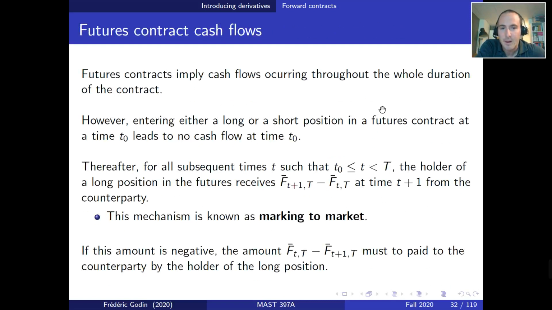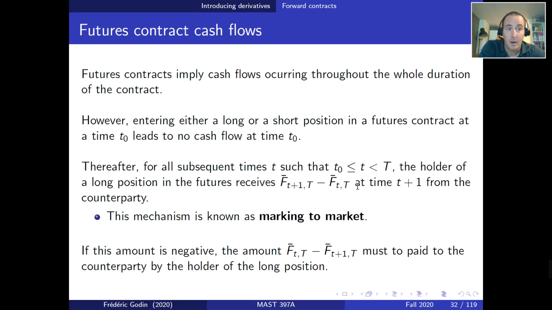We saw that for a futures contract, at every time greater than T0, where T0 is the inception date of the futures, the long position receives F bar T plus 1 minus F bar T, where T plus 1 is the date at which the cash flow is received, and T is the previous time step.